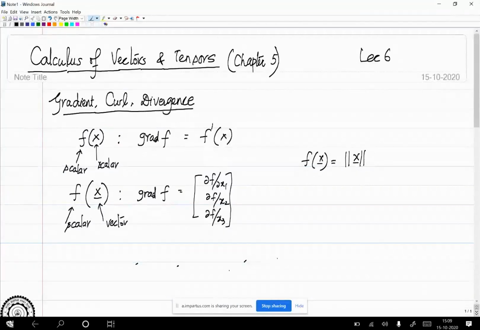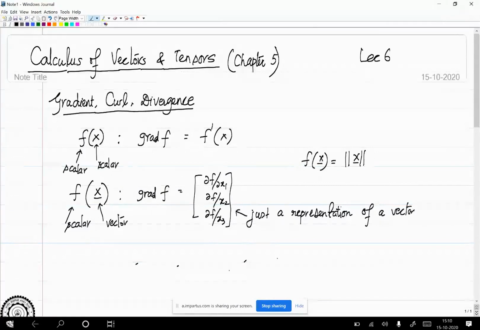So we should now understand that this is just a representation of a vector, in this case in the E1, E2, E3 coordinate system.